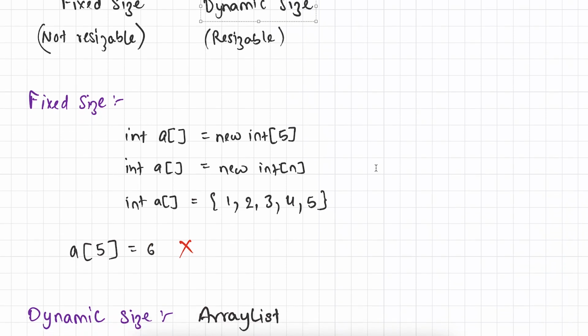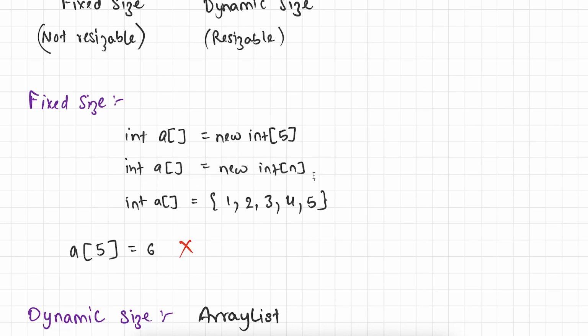What happens when the array is fixed size? Here we have created an array of size 5. After we initialize the array with 5 elements, we cannot increase or decrease its size. It remains the same for the entire lifetime of the program. If you want to initialize an array dynamically using input taken from the user, you can pass n here.